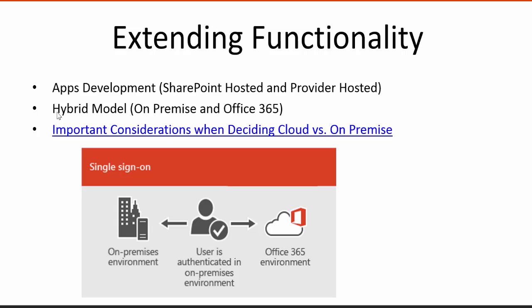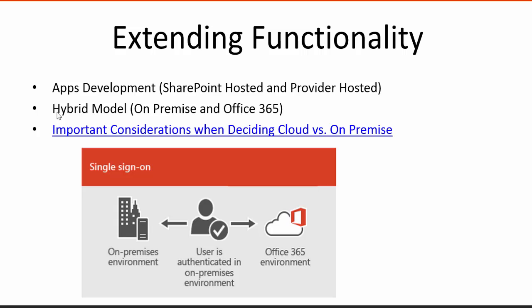For a provider hosted app, you need another sort of servers, even on-premise, or you need to rent some services over Azure, so you can include .NET coding or other programming languages to build more sophisticated solutions. So this is how you can extend the functionality of your sites and your Office 365 using apps development.